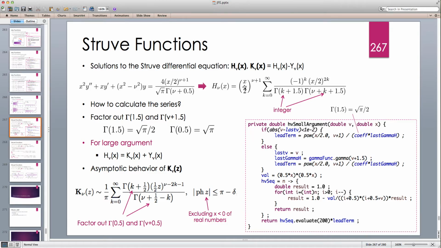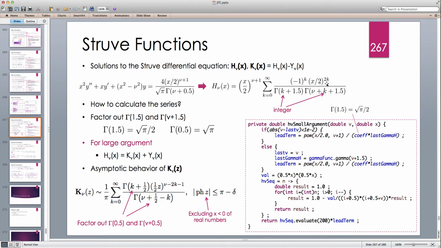So the lead term is x over 2 to the power of nu plus 1, and the series has an oscillatory behavior: minus 1 to the k, x over 2 to the power of 2k, over gamma of k plus 3 halves, gamma of nu plus k plus 3 halves.